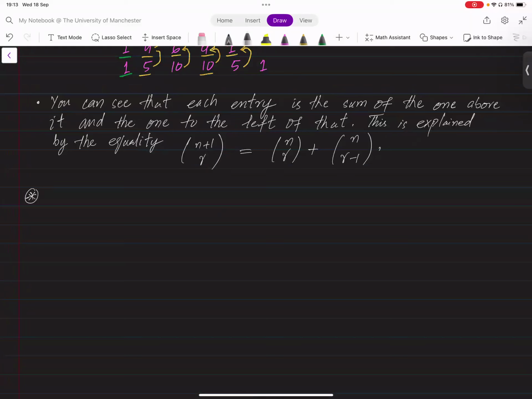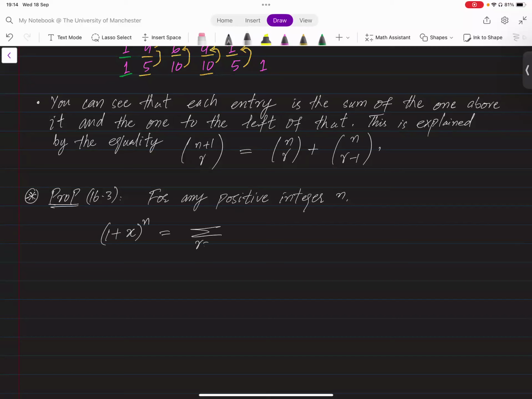Proposition 16.3: for any positive integer n, (1 plus x) power n is the sum, r from 0 to n, of n choose r, x power r.